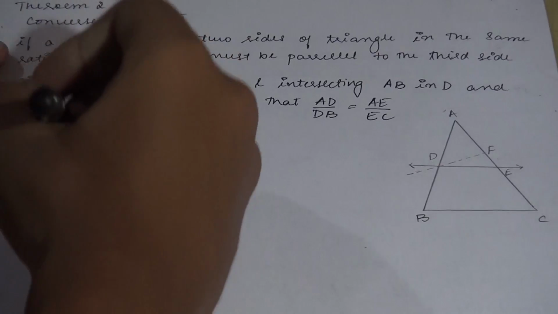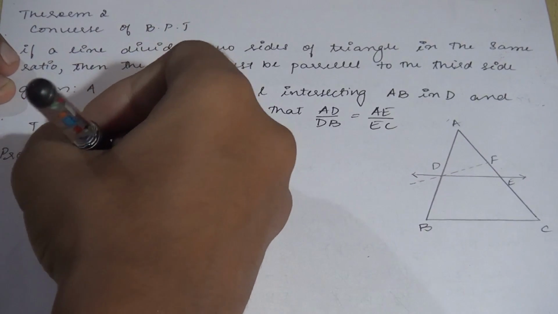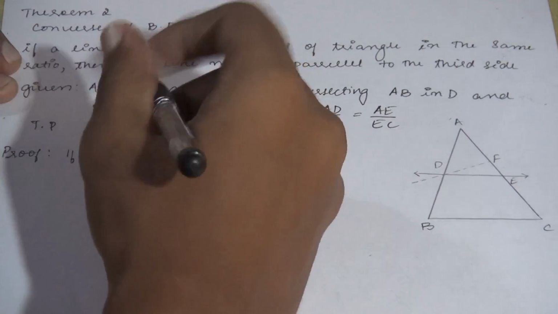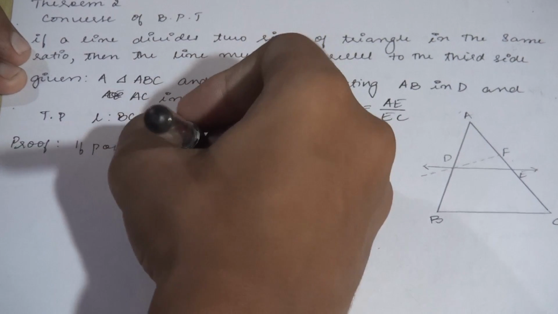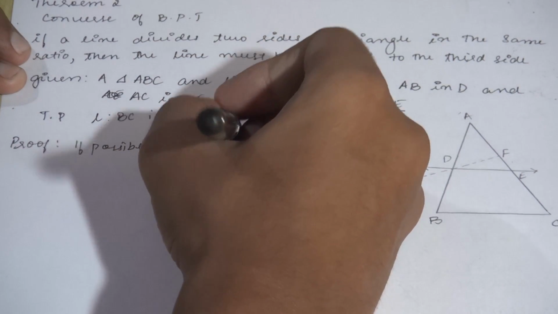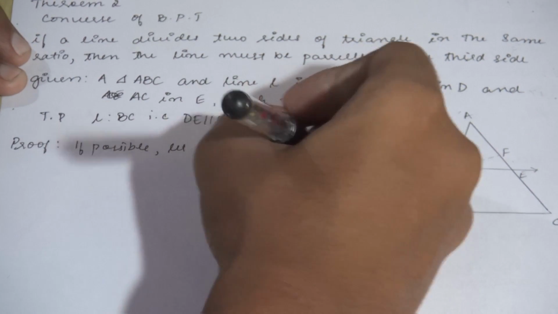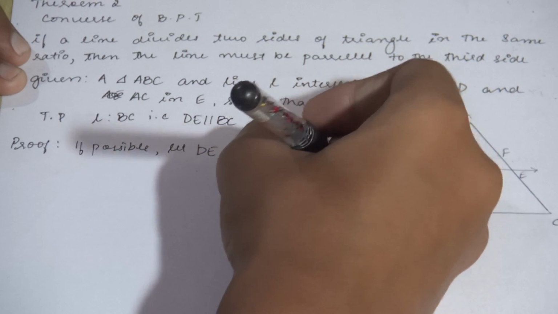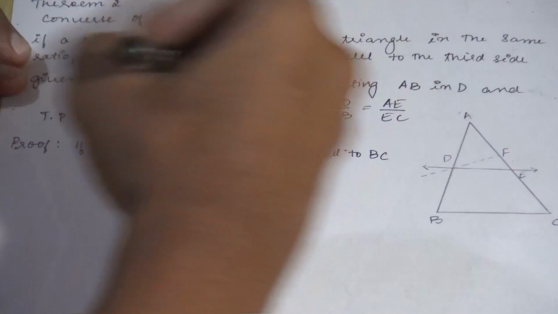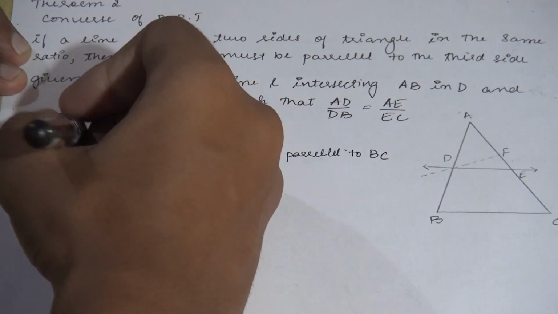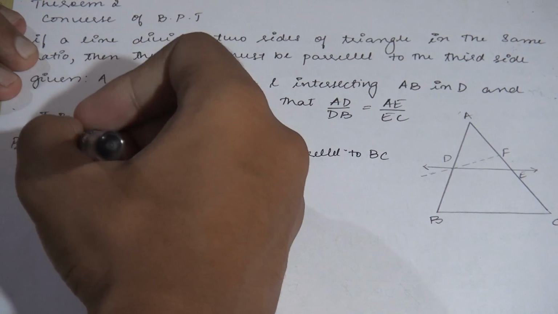I'm going to be doing the proof. If possible, let DE not be parallel to BC. Then there must be another line parallel to BC. Let DF be parallel to BC.